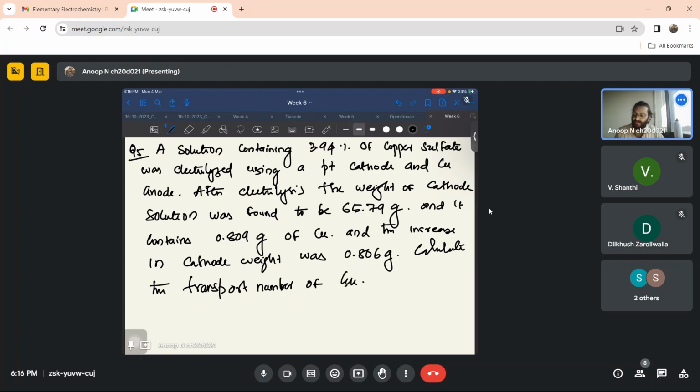I have written it a little badly, but is it readable? One minute. Do you see any difference between the question given on the website and what I have written here?